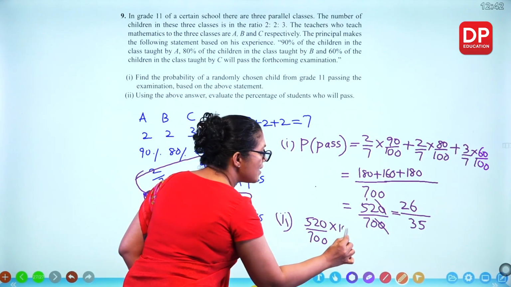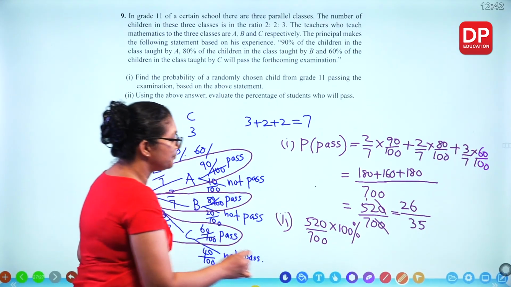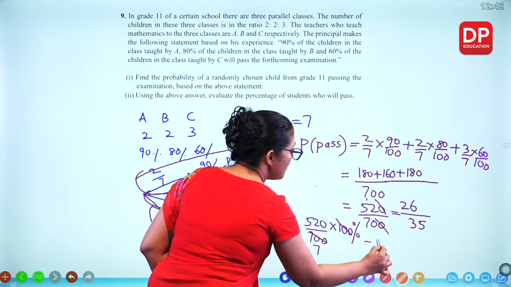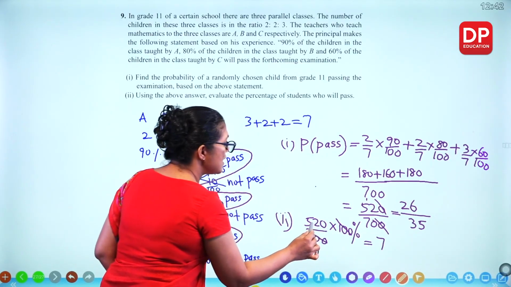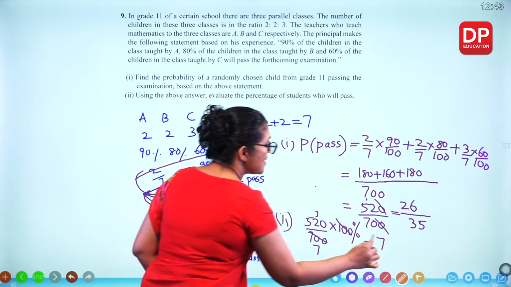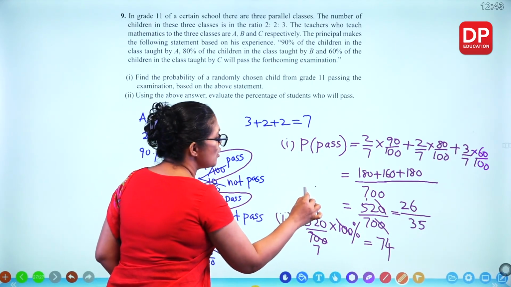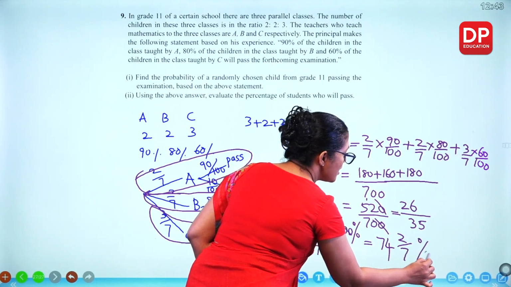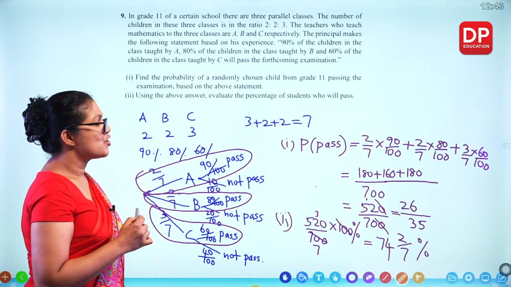Multiply by 100 and divide by 100 means we use this symbol. So 100 times 7, divide 520 by 7. 7 times 7, 49. And 30 remaining. 7 times 4, 28 and 2 remaining. So 2 sevenths percentage. So 74 and 2 sevenths as the percentage value.